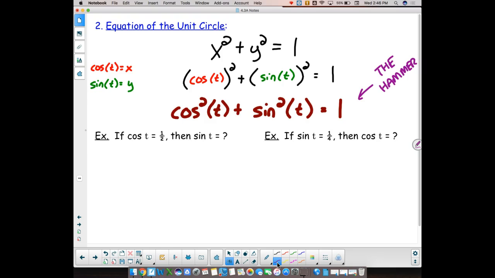Anybody know why we call it the hammer? What'd you say? Because it smashes things? Nope. Anybody know why? No. Doesn't really look like a hammer. Anybody? What's the one tool you gotta have in your toolbox?